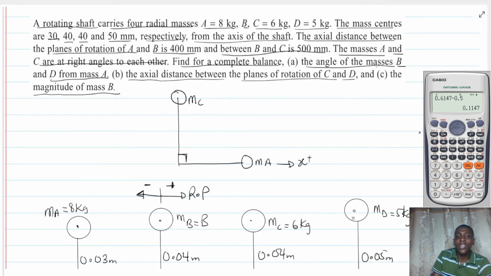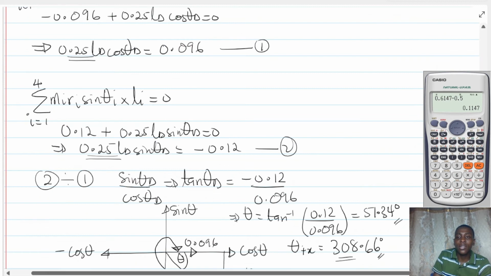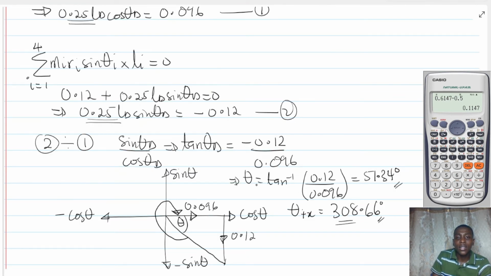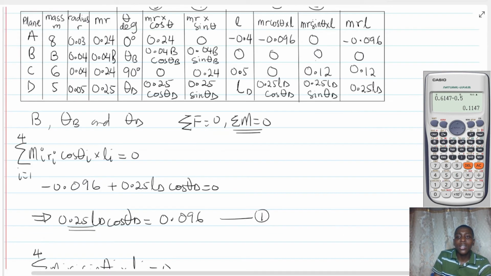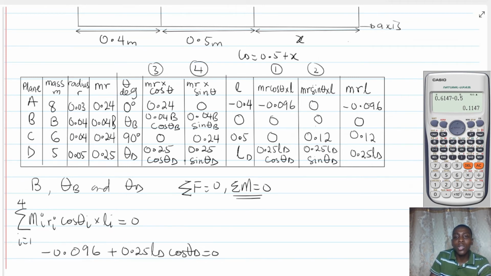All right. So now let's find the angles and then the mass B. We know theta D, which is now 308.66. So let's go back and use the summation of the forces. We are done with summation of moment, and we want to look at summation of forces. We would sum everything here to be 0.